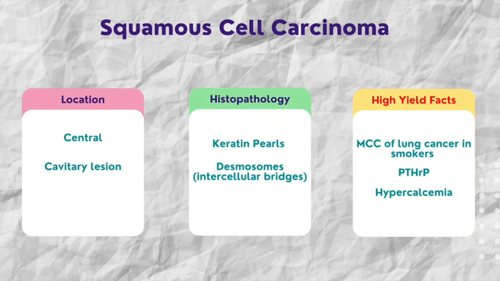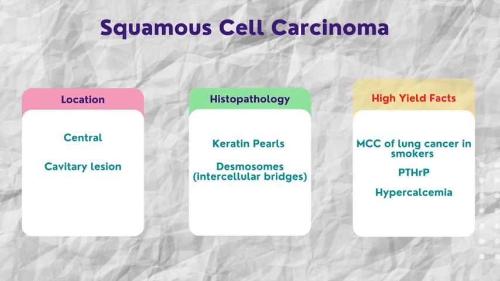Just remember that because if the examiners are not so nice, they can say intracellular. So just remember, intercellular bridges. So squamous cell carcinoma is the most common cause of lung cancer in smokers. It's related to the release of PTH, and patients can have hypercalcemia and the symptoms of that.